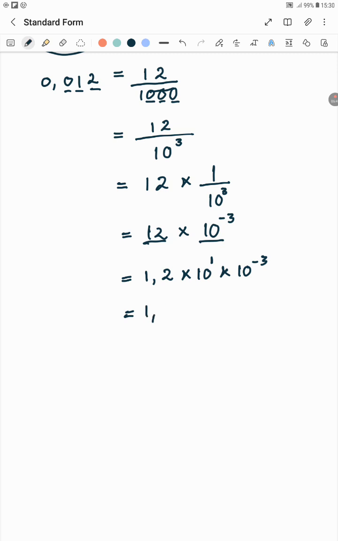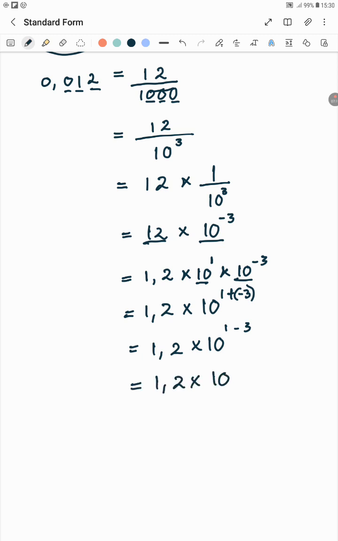So now our final answer is going to be 10 to the power 1 plus minus 3, because when you are multiplying two numbers that share the same base, you add the powers, and since we have 1 plus minus 3, it will end up as 1 minus 3, which gives us 1,2 times 10 to the power minus 2.